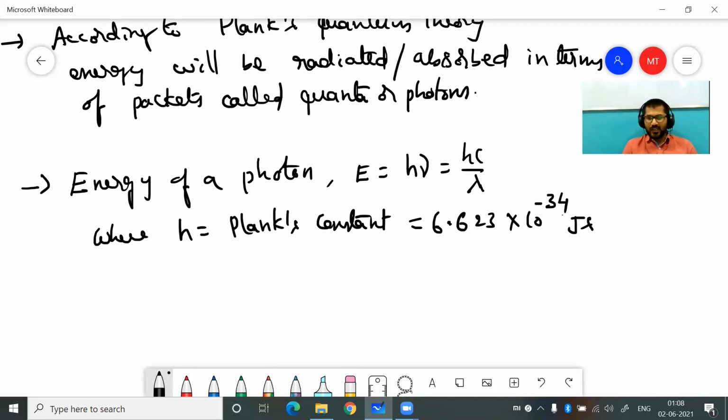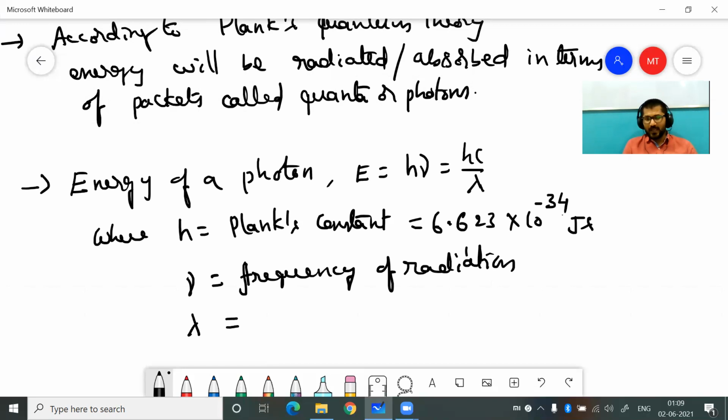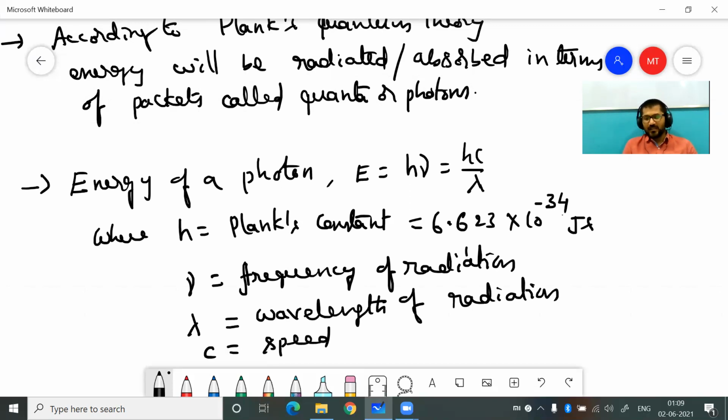And nu is the frequency of radiation, lambda is the wavelength of the emitted or absorbed radiation, and c is the speed of light in free space.